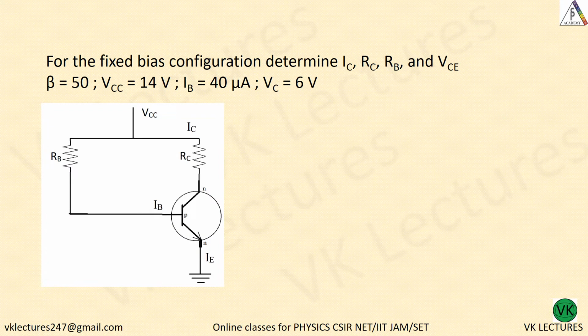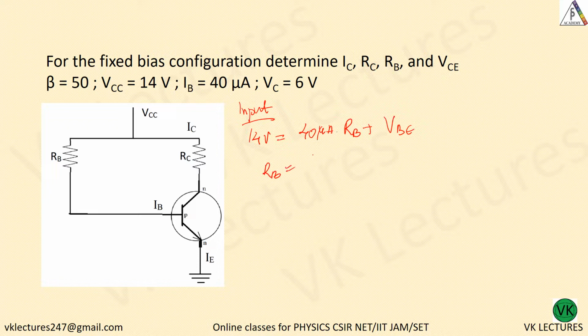So first of all, to the input side. Input VCC is 14 volt, equal to IB. IB is given as 40 microampere, into RB, which is not given, plus VBE. VBE we can write as 0.7. Now what do we want? RB.